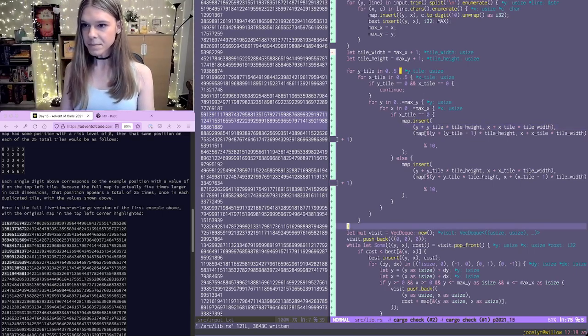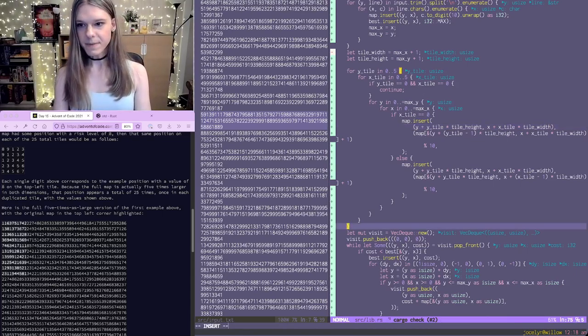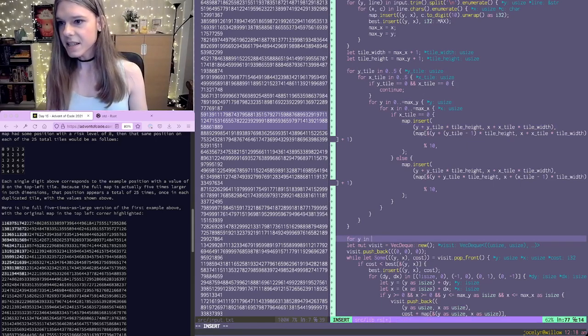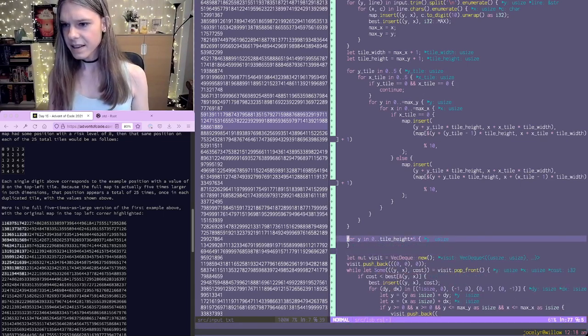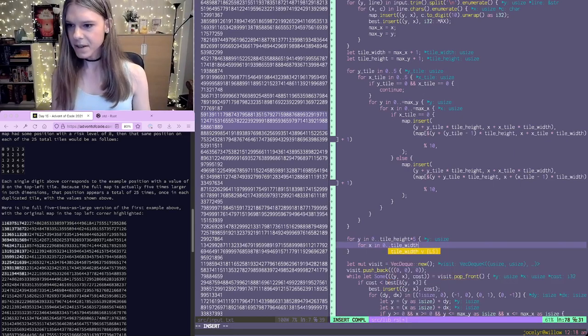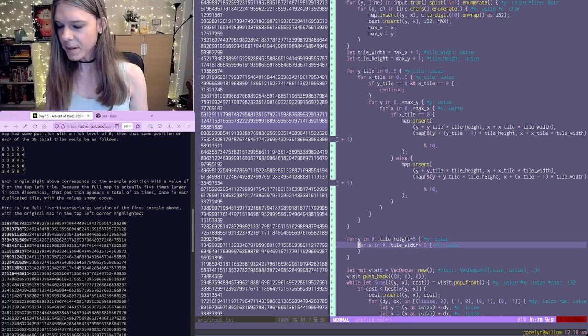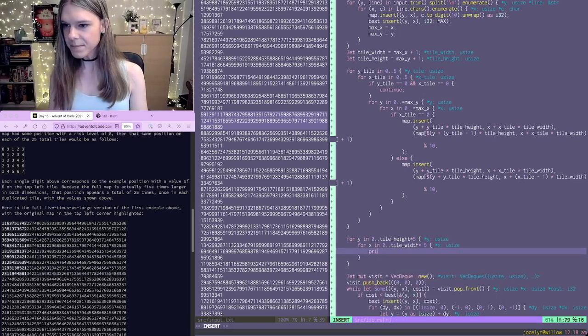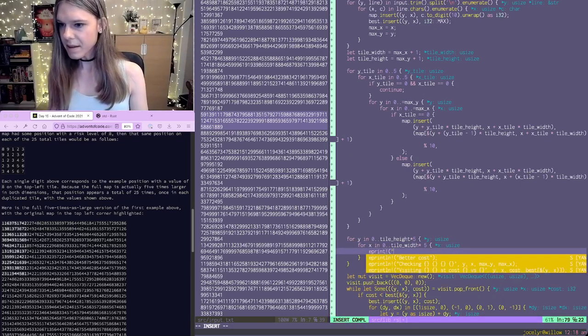Okay, so now I'm just going to try printing it. So for y in 0 to tile height times 5, and then for x in 0 to tile width times 5, we're going to print the map character.